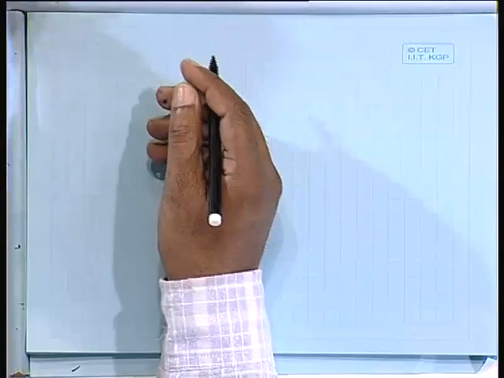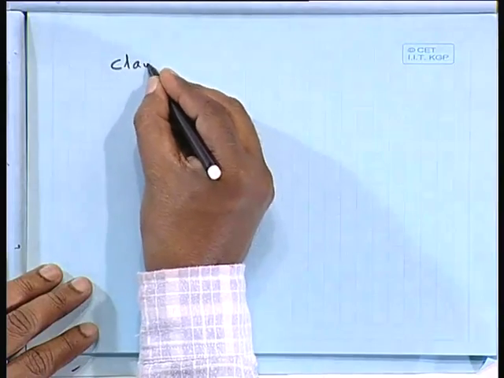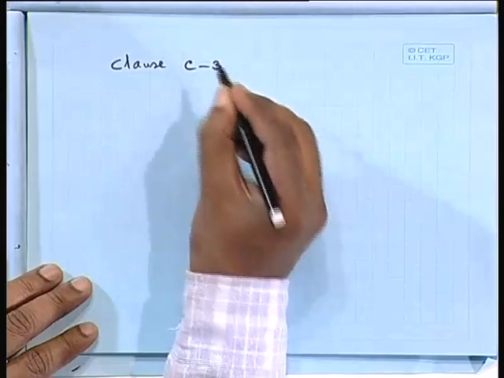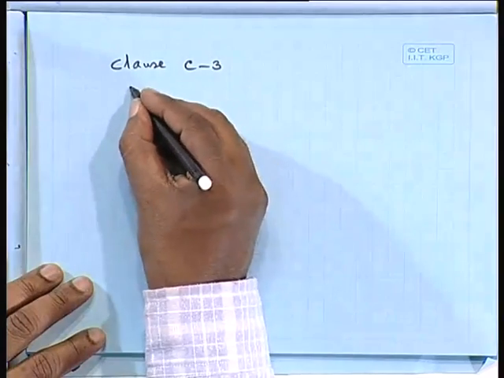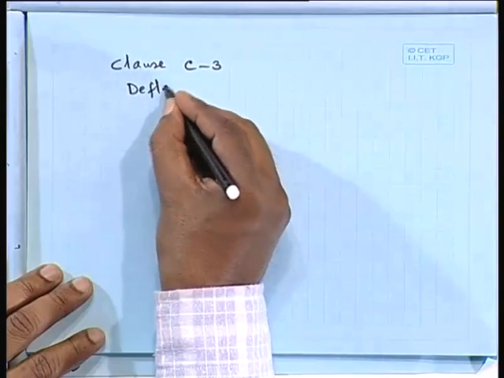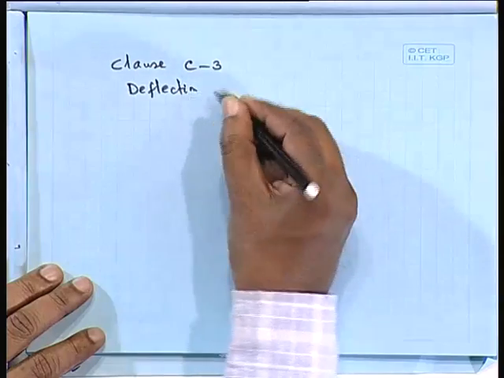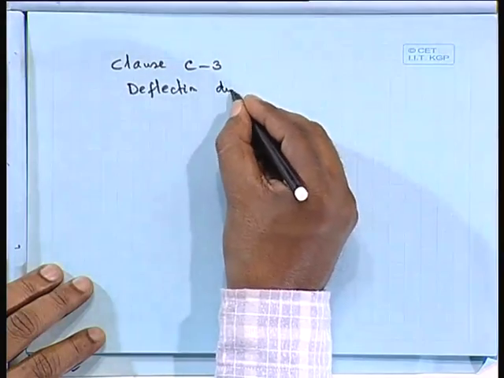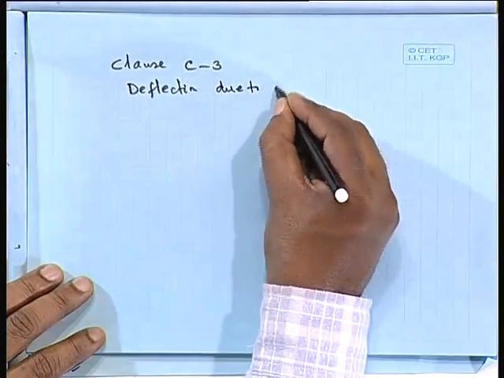in clause C3, this is deflection due to shrinkage.